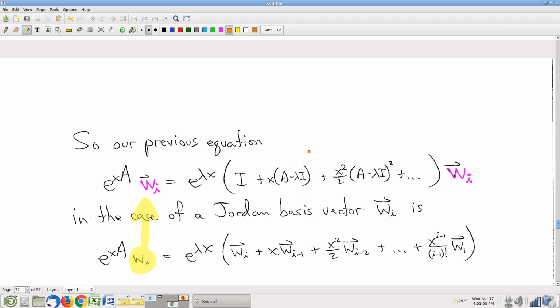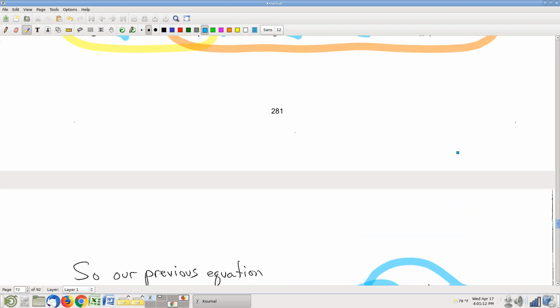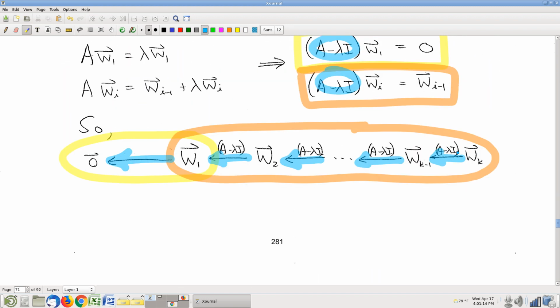Okay, next. Now here we have A minus lambda I squared. We've got to be careful with this one. What does that do to w_i? Let's go back to our list. We're going to take one of these Jordan basis vectors. The first A minus lambda I gets us to the previous one. Then we multiply by A minus lambda I again. That gets us to the one previous to that. Altogether, multiplying by A minus lambda I squared just moves you back 2 vectors in the list.